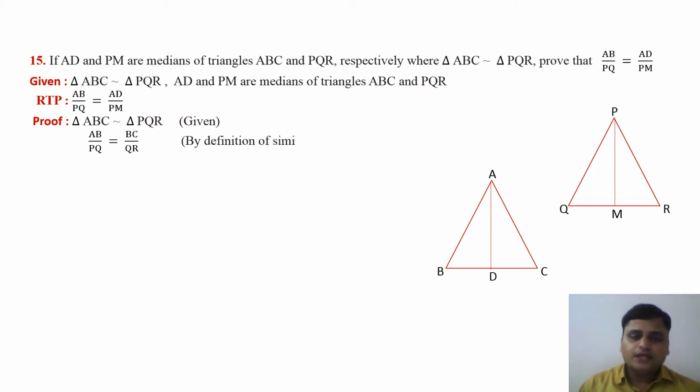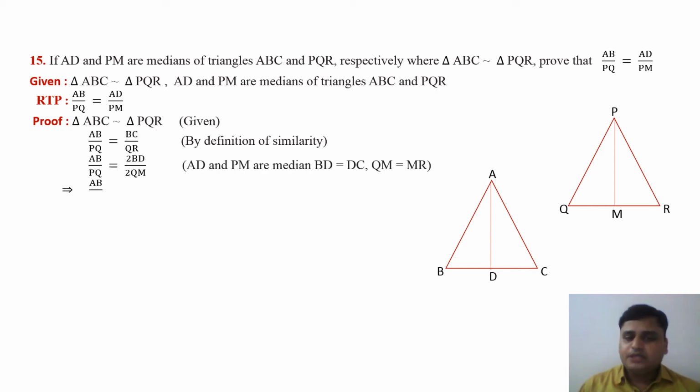Now from the figure, as AD and PM are medians, BC can be rewritten as 2 times BD, because BD is equal to DC. In the same way QR can be written as 2 times QM. So AB by PQ is equal to BD by QM. 2 will be cancelled.